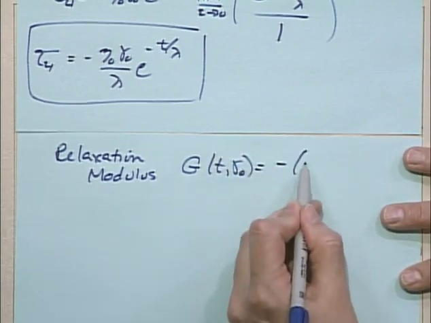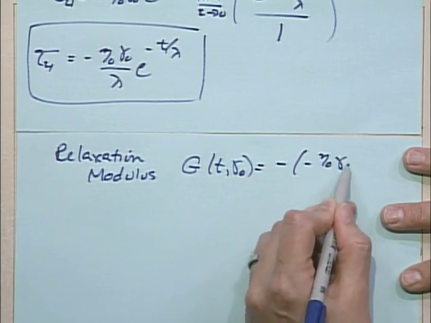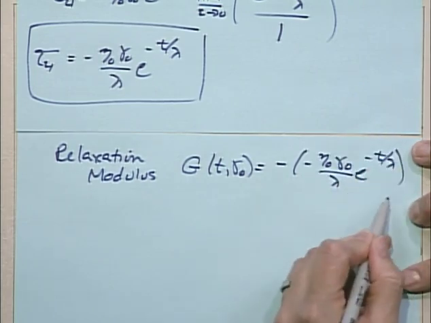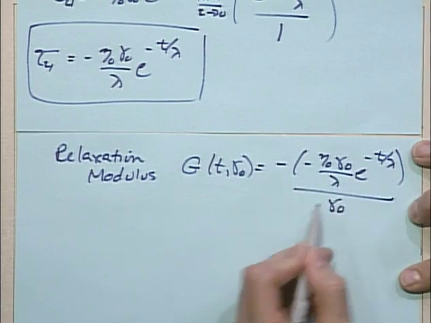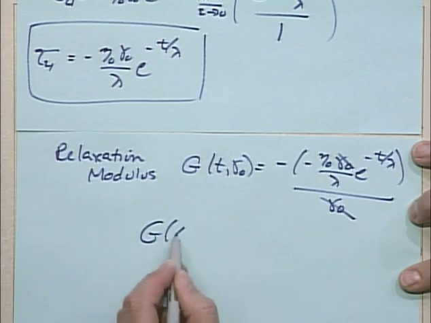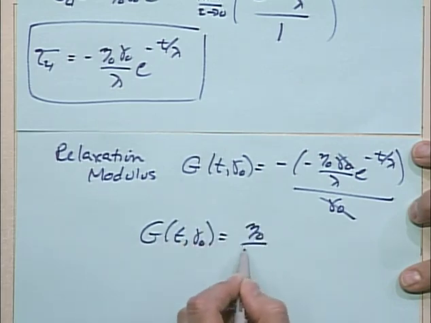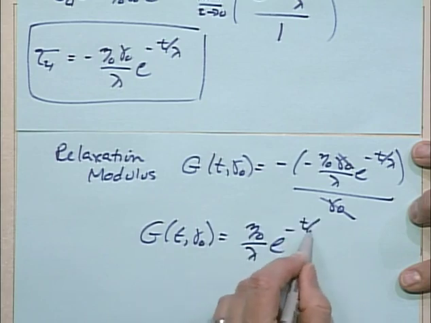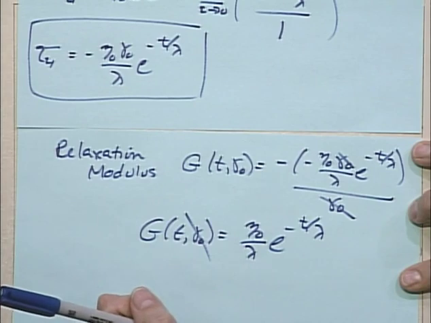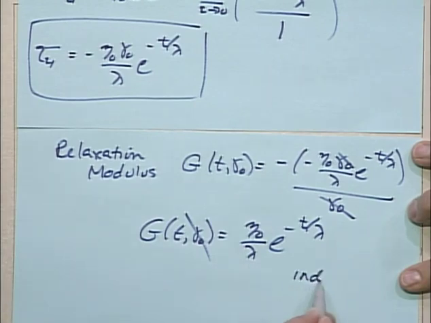Minus tau 21 minus eta naught gamma naught over lambda e to the minus t over lambda, over gamma naught. G of t, gamma naught equals eta naught over lambda e to the minus t over lambda. So in fact, it's not a function of gamma naught. It shows no nonlinearities.